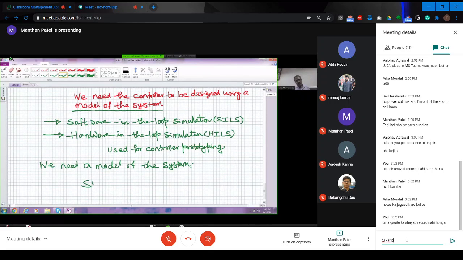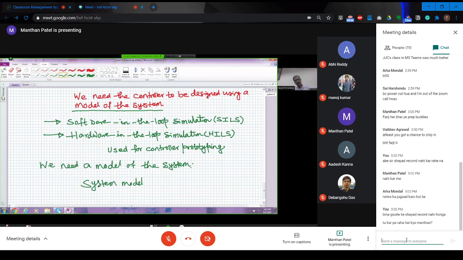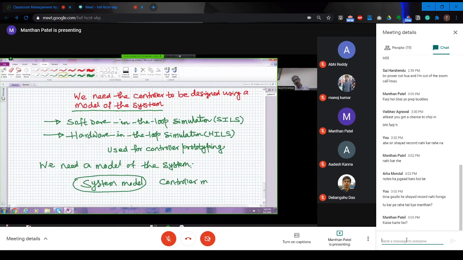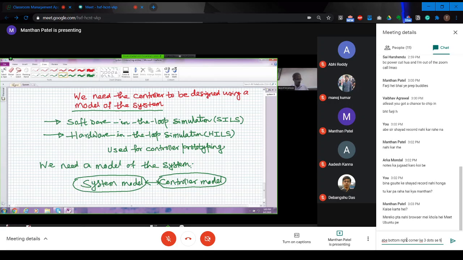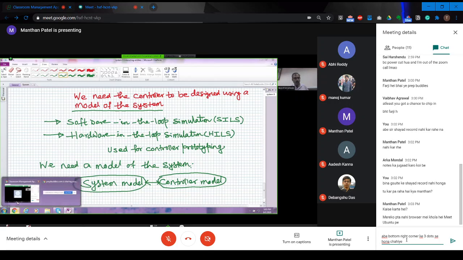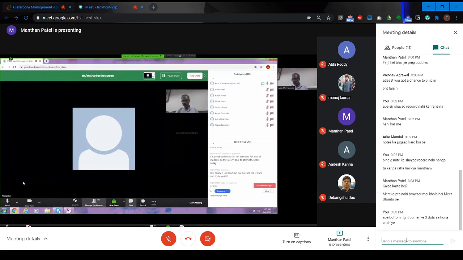So, system model, we require, here you require controller model, these two will interact with each other. So I hope that introduction is clear.